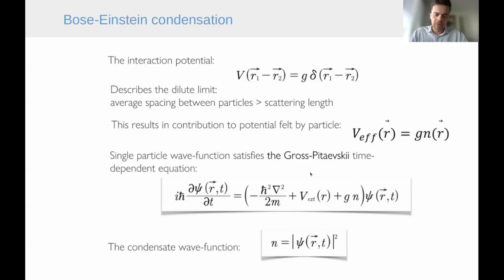This gives us an equation for the evolution of the macroscopic wave function that is called the Gross-Pitaevskii time-dependent equation. As you can see, it's very similar to the Schrödinger equation, but now in the potential term we also have a nonlinear term, Gn. Why nonlinear? Because this density n can be expressed as a function of psi as its absolute value squared.